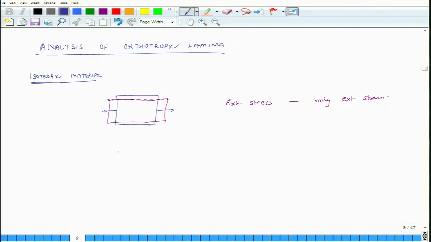And if I have the same material and I subject it to a pure shear stress, then I get pure shear strain.